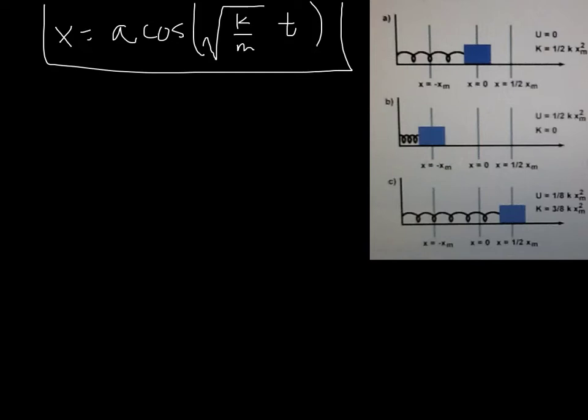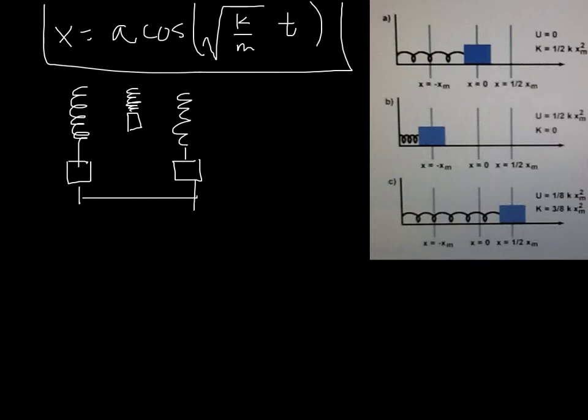So if we had a mass on a spring and it started down here, went up to up here, and then went down again back to the same location that it started, that whole time that it took from going from here to here is the period. That symbol is T.